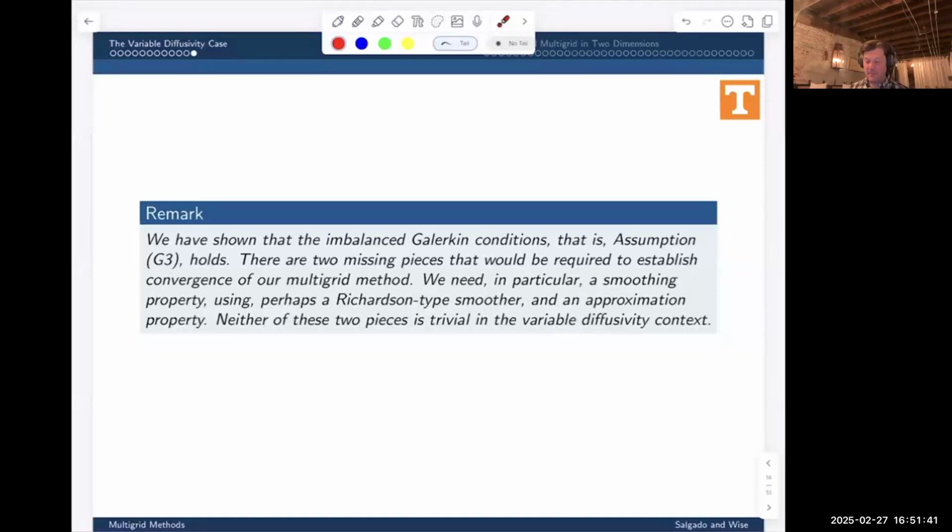Something more complicated is happening since we have a variable diffusivity. So we've got to use a different type of analysis to analyze what's happening with the Richardson type smoother. So that's a missing piece.